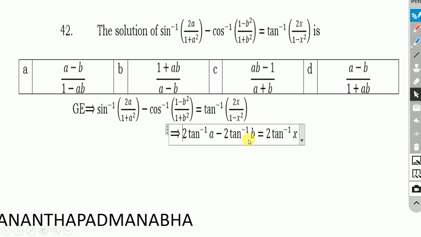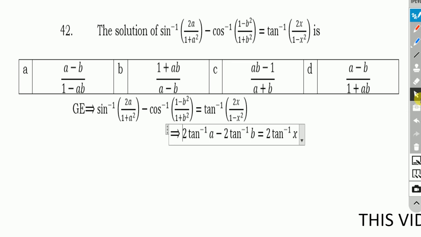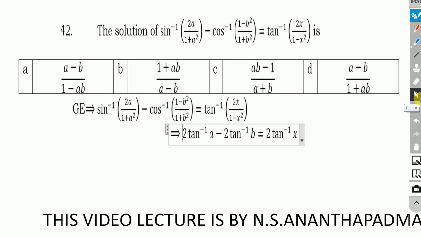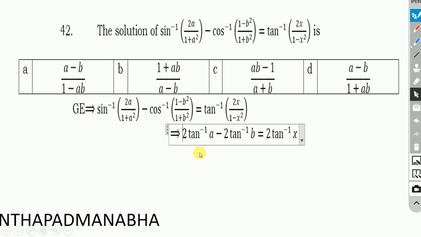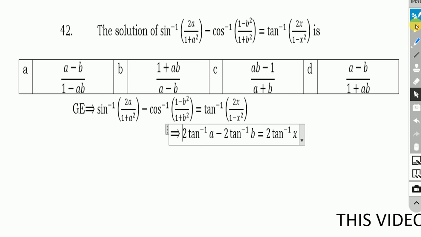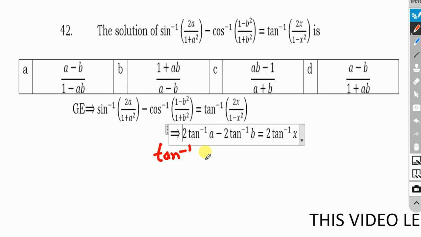So that means if you take 2 common, I will have tan inverse of a minus tan inverse of b is equal to tan inverse of x.